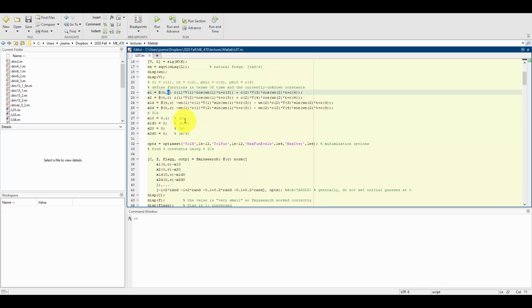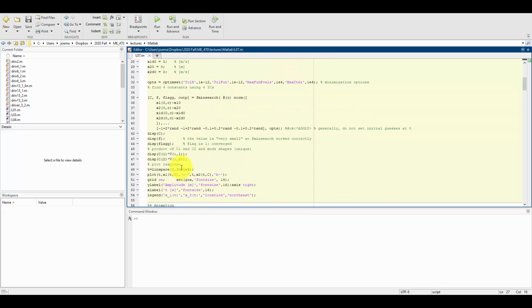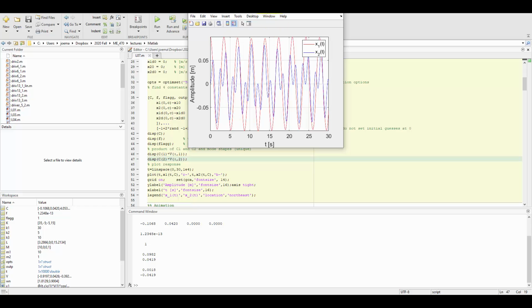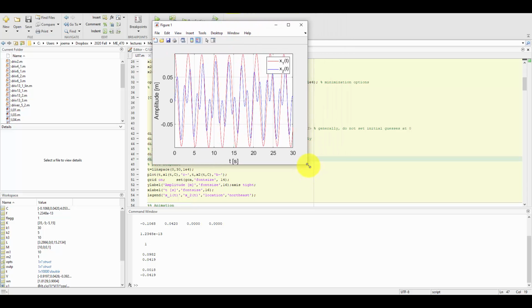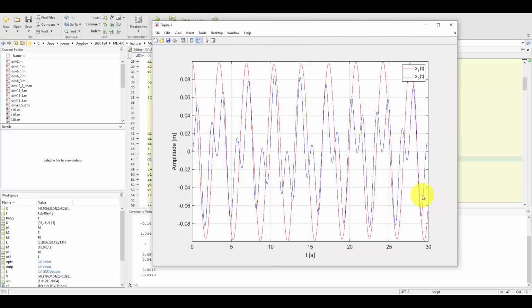But I can put in those specific values for c, and that's what I'm going to be doing when I do my plotting. That's where I put the capital C in. That's the output from my fminsearch. So running this and making our plot, this is what we get for the behavior of x1 and x2.